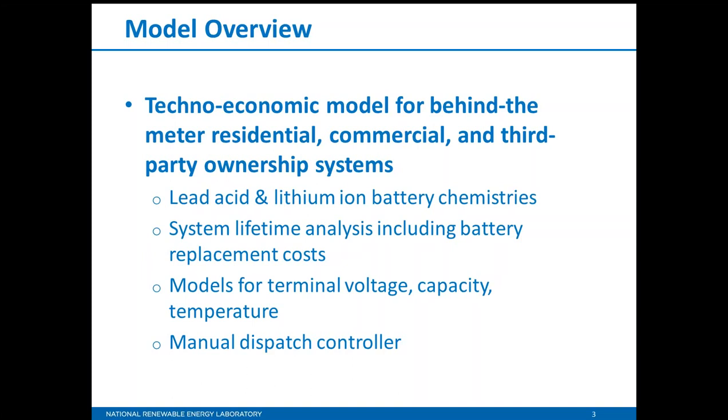Depending how you use the battery, you might need to replace it several times during, for instance, a 25 or 30-year period. Those replacements introduce large capital replacement costs that you need to consider to really evaluate the benefit. The model is fairly detailed in the sense that we have models for terminal voltage, capacity, and temperature, and right now we currently have a manual dispatch controller, which I'll walk through in some detail.